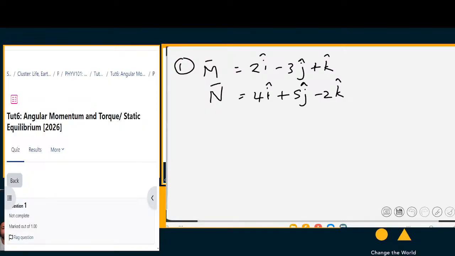So here we have two vectors, and the question is: find the vector product M cross N. That is the question. This is mostly how you will be given these types of problems.